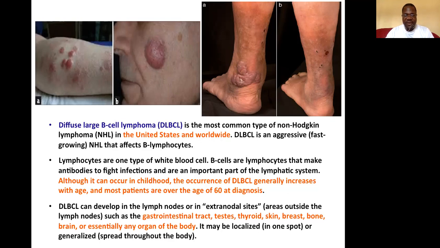So you can see that it does not only infect the lymphocyte, but there are also extranodal sites.